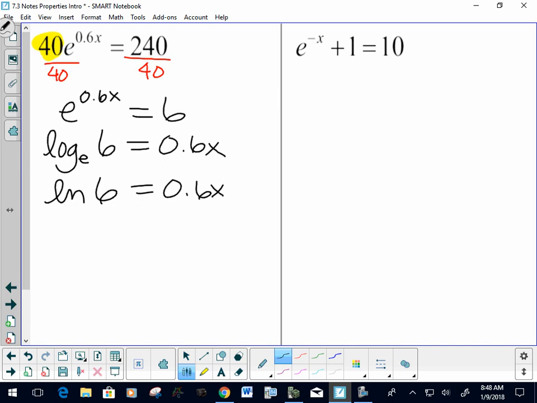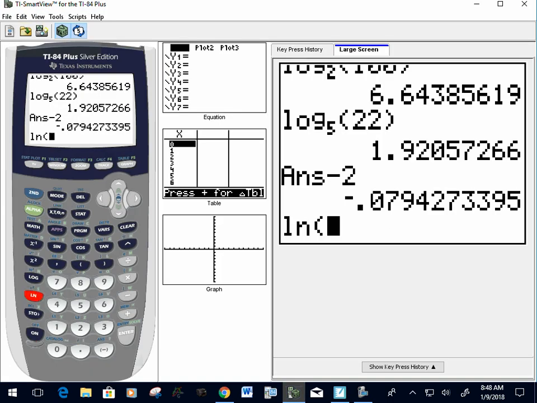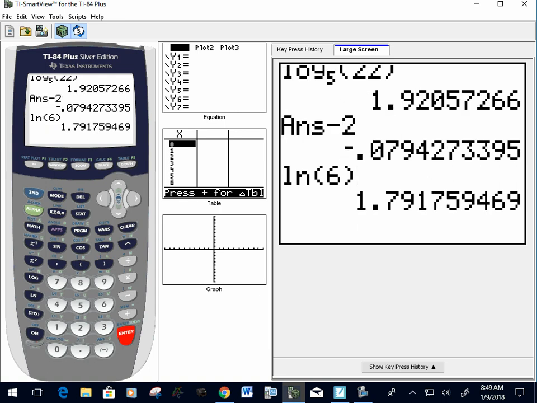So in the calculator, this time you don't have to use that base button. You can just directly type in the natural log of 6. Now, if you did go ahead and use that log base button and put in a base e, it will give you exactly the same answer. So it's not going to be incorrect. So we get 1.792.